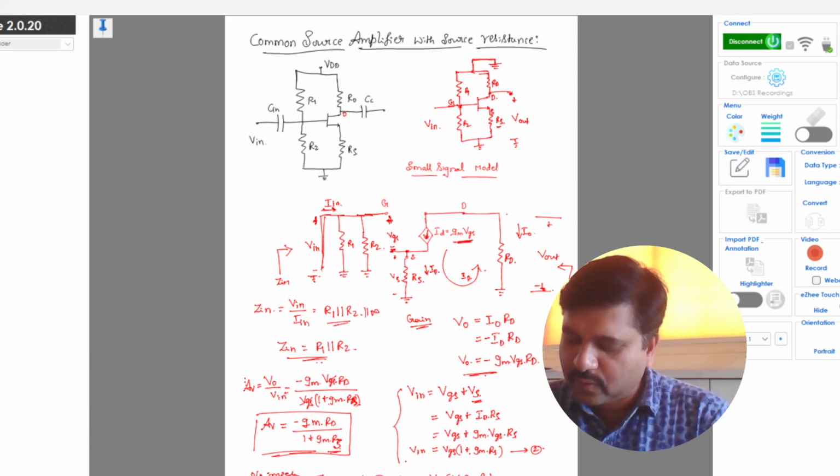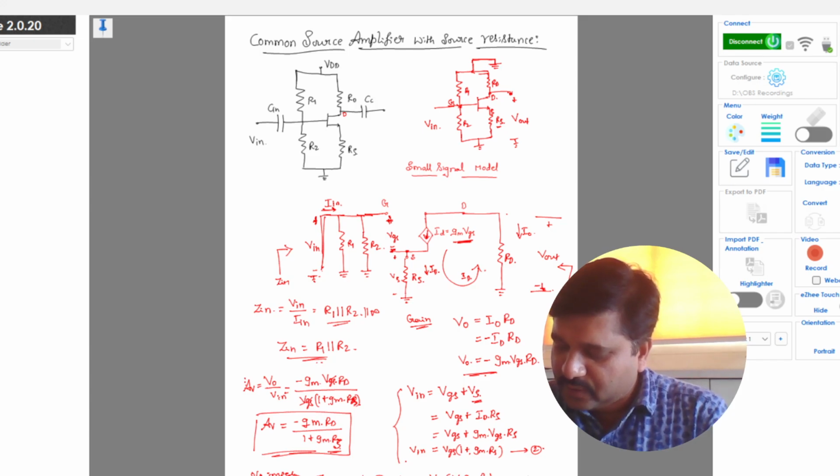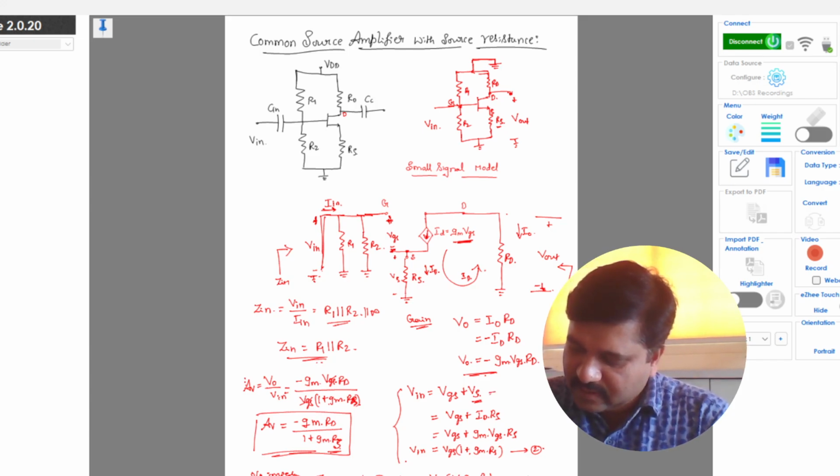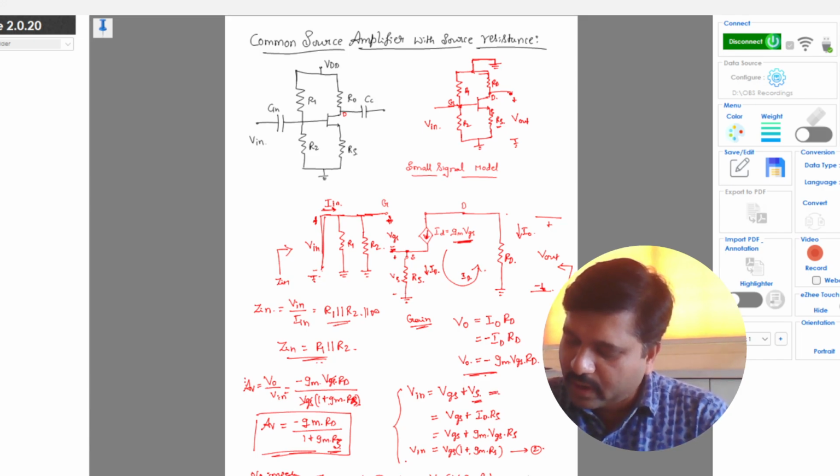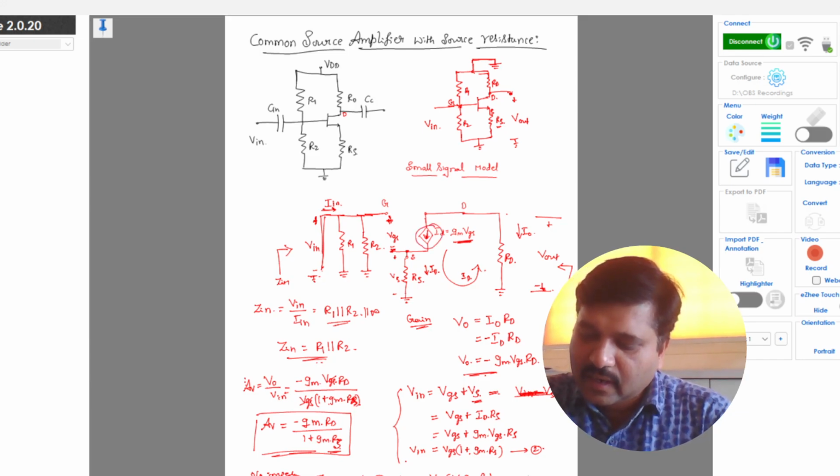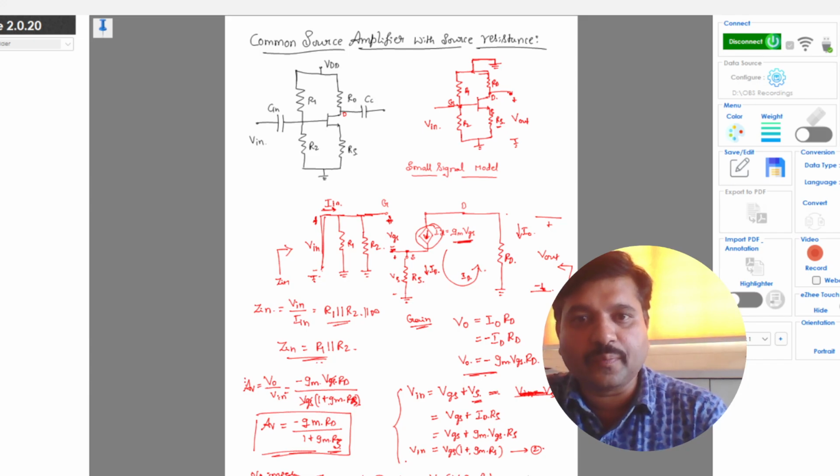So we are making the input voltage short to find the output impedance. When this is 0, obviously the 1 plus GM RS cannot be equal to 0. So this term will not be equal to 0, hence your VGS will be equal to 0. When VGS is equal to 0, this current source will become open circuit, completely open circuit.